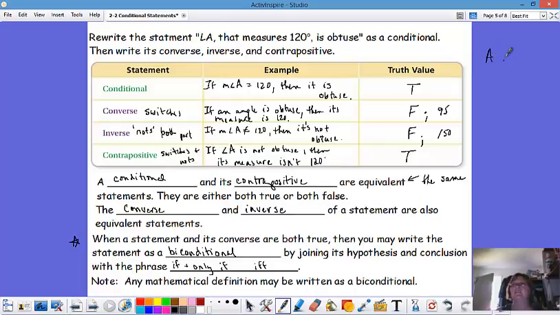A number is even if and only if it's divisible by 2. Any math definition can be written as a biconditional.